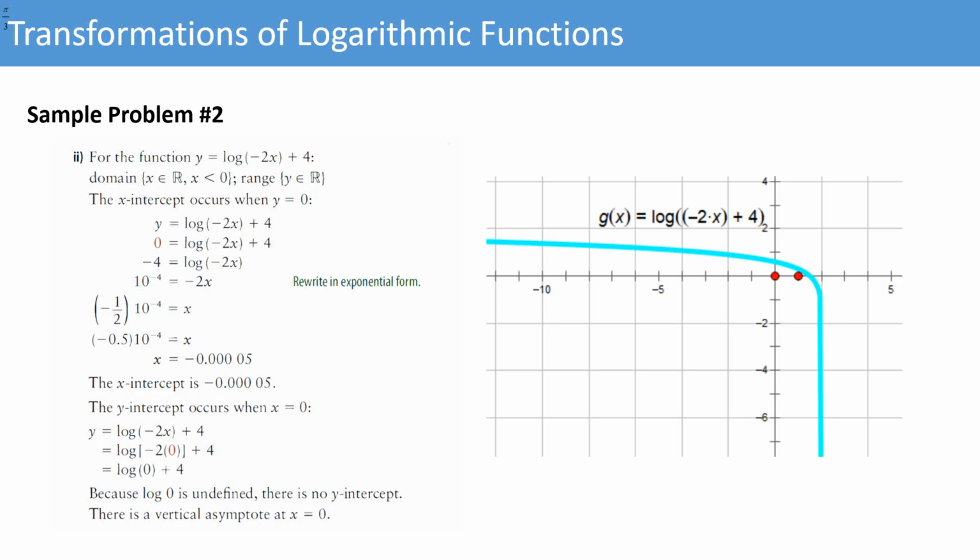Now we find the y-intercept: log of negative 2 times 0, plus 4, so our answer is 4.